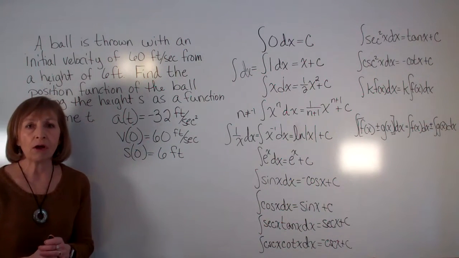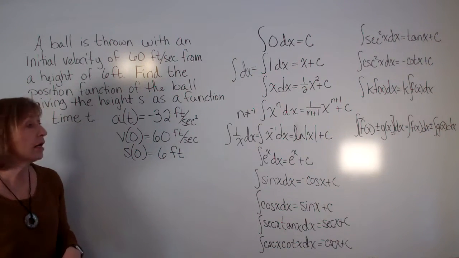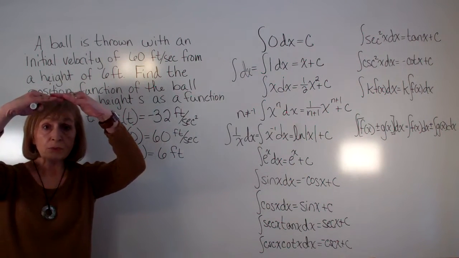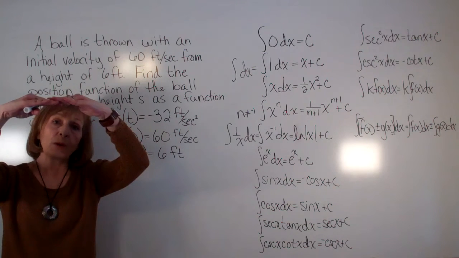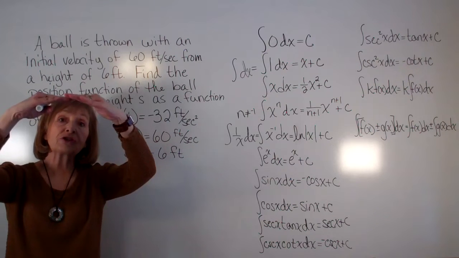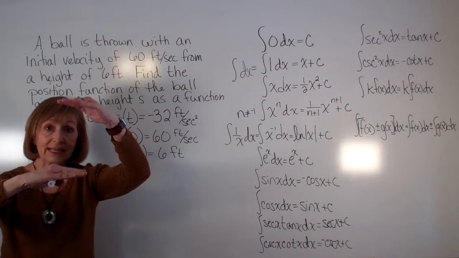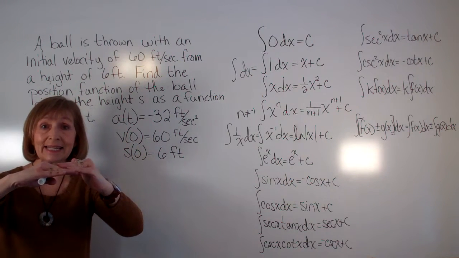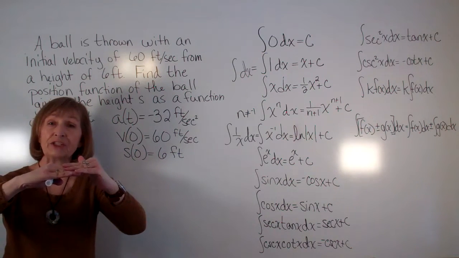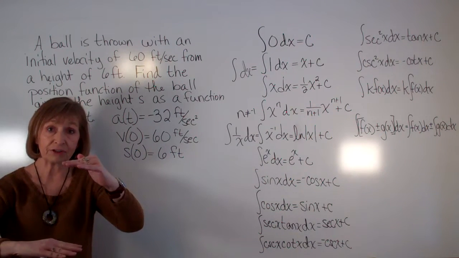Now, we want to recall what we did when we did derivatives, and we were looking at our projectile motion type questions. So remember, if we started with the position function and we wanted the instantaneous velocity function, the position function's derivative was the instantaneous velocity function. And then if I had the instantaneous velocity function and I'm looking at instantaneous change of velocity with respect to time, that's your acceleration function.